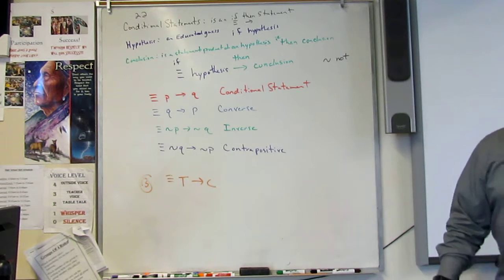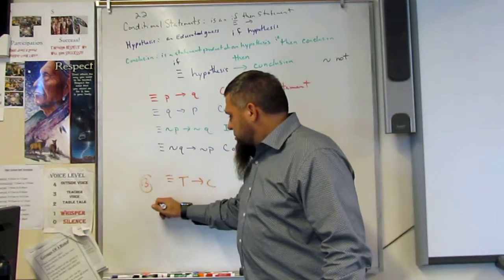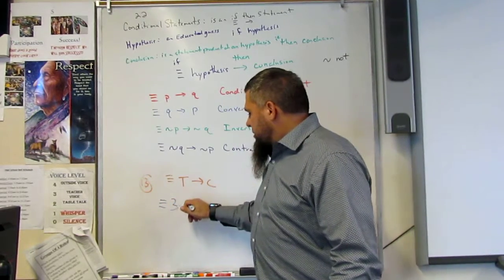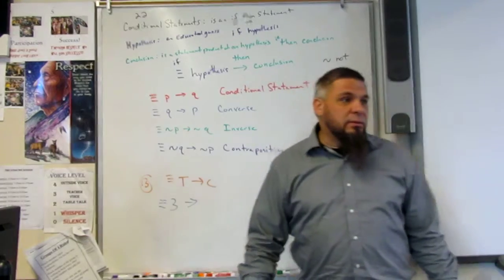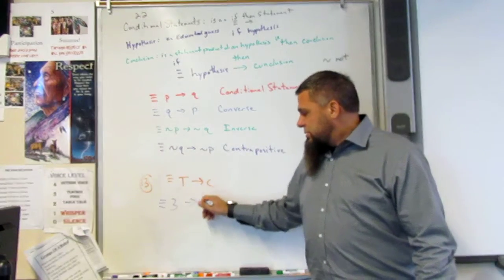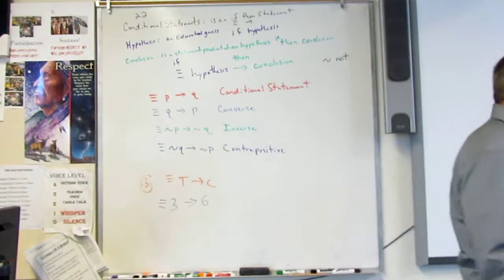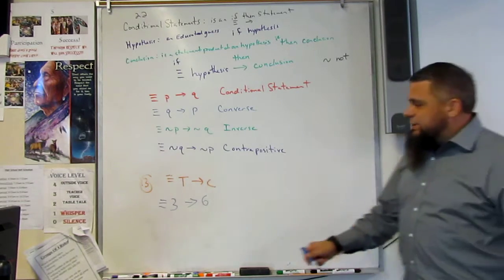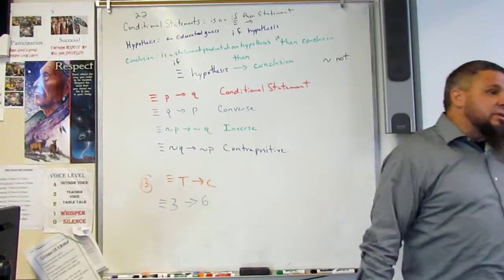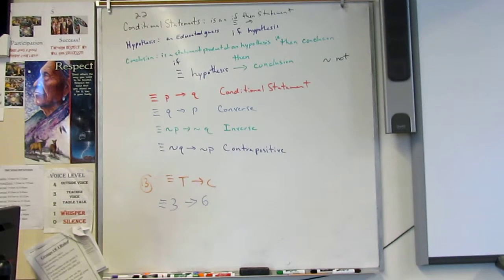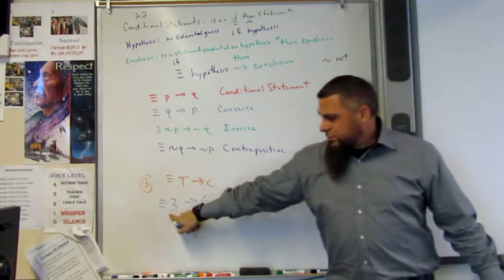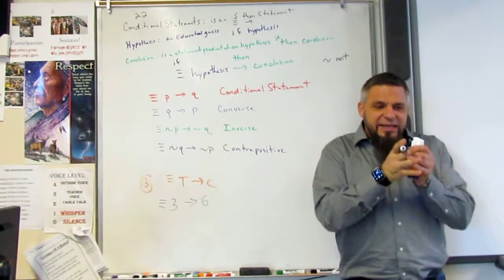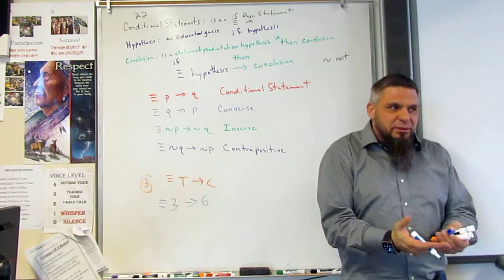So, if 3, then 6. You notice how I just took a statement and turned it into a symbol. That's it. I take a statement and turn it into a symbol.